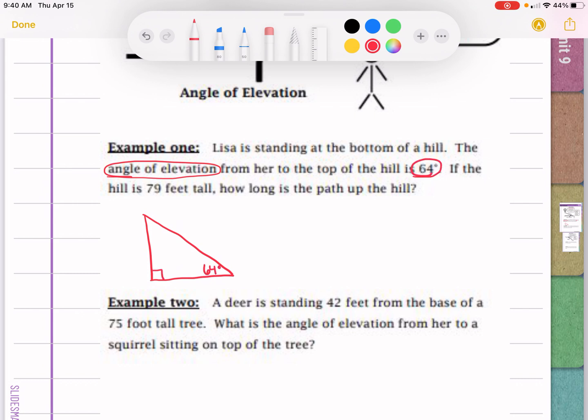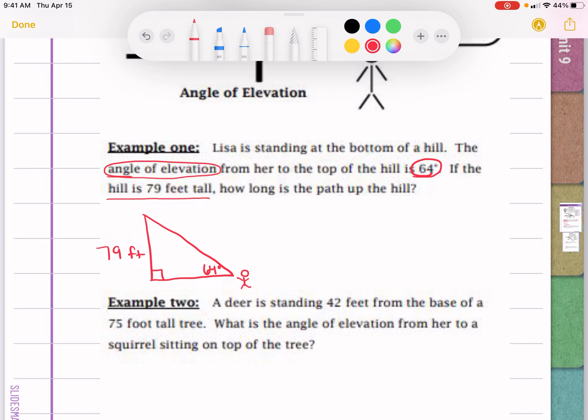My angle goes on this side because it's going to be formed from the ground or the base to wherever they're looking up. So that's Lisa here, and the angle comes from her. Then it says the hill is 79 feet tall, so that would be the height of the hill. Since it's the height, that's the part that goes up and down here. So I would label this side 79 feet.